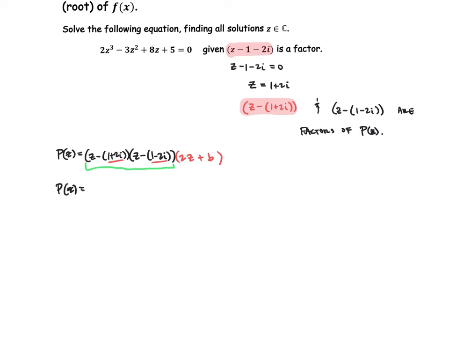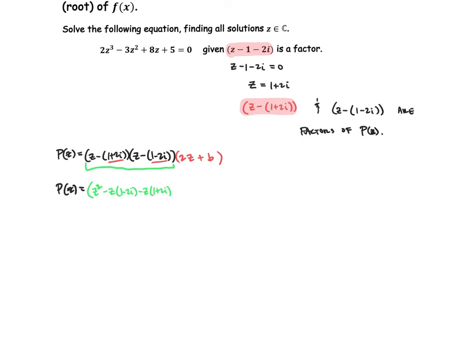If I expand those, Z times Z is Z squared. Then outside, Z times negative 1 minus 2i, so that'll be negative Z times 1 minus 2i. Then I'll have a Z times negative 1 plus 2i, minus Z times 1 plus 2i. Maybe I'll make this a little bit bigger.